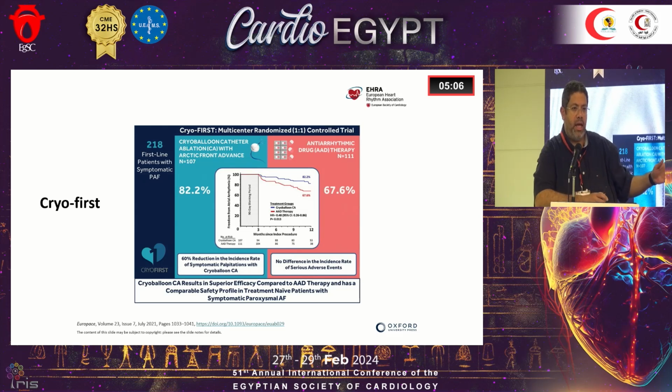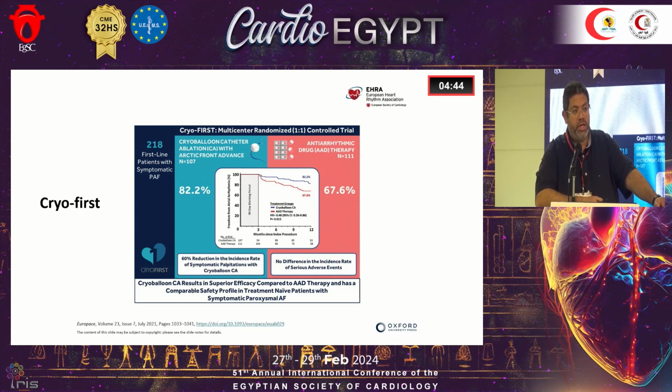They had their AFib episodes, and then they were randomized either to ablation using a cryoballoon or to antiarrhythmic drugs. And again, the result was consistent: a 60% reduction in the incidence of symptomatic palpitations with cryoballoon, and no difference in the incidence of serious adverse events.